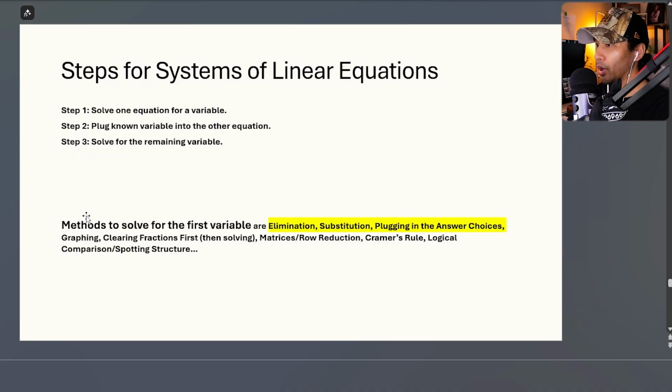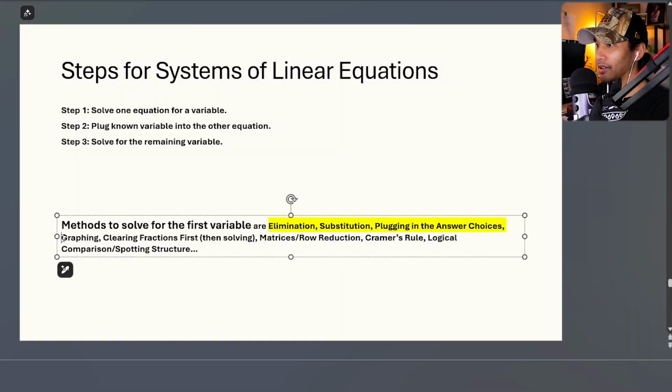Most likely when you solve for a variable, you'll be using the methods elimination or substitution. There are these other ones here. I want to make them known to you, but you will not be using them in the test. If you are, then good luck because I'm not teaching it. But there's graphing, clearing fractions.